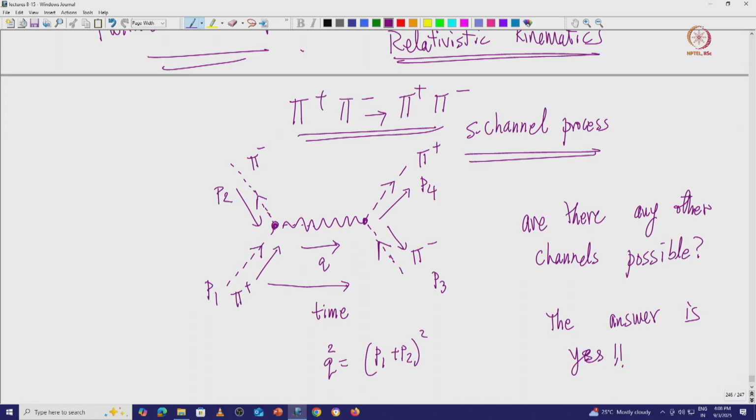Pi plus pi minus always forms 2 photons, because of various conservation laws and theorems. Any particle-antiparticle annihilation always gives you 2 photons, you cannot have a single photon. But because this photon is off shell, you are allowing a single photon. If it is not a virtual process, not an exchange, then this will give you pi minus pi minus.